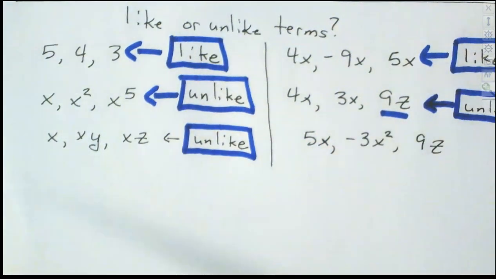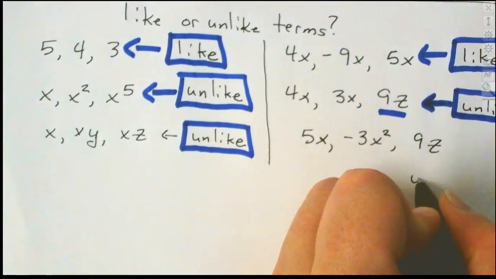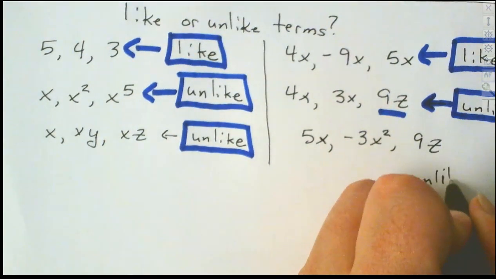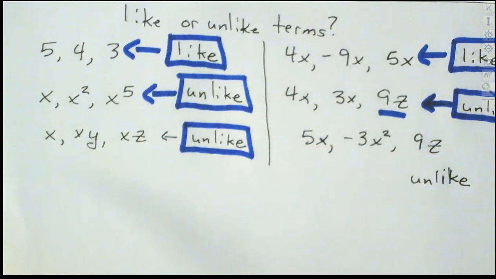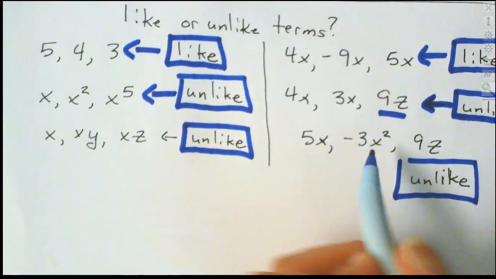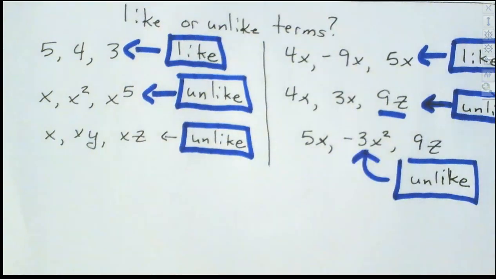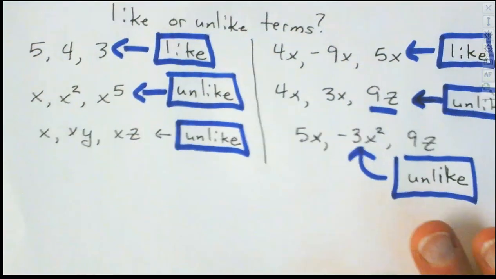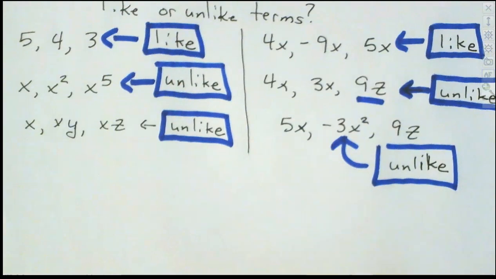And the last one, again, those are also unlike, because we have all these different variables. So do we now see the difference, hopefully, between like and unlike terms?